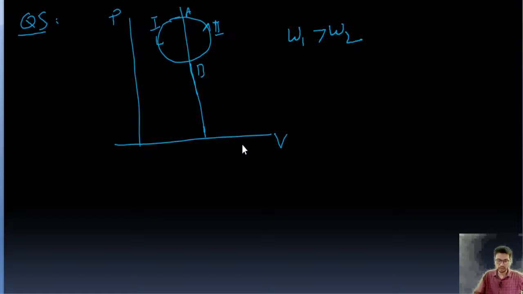Then in the next class we'll do different processes like isobaric, isochoric, isothermal and adiabatic processes. There is one more question which I'm going to solve for you.